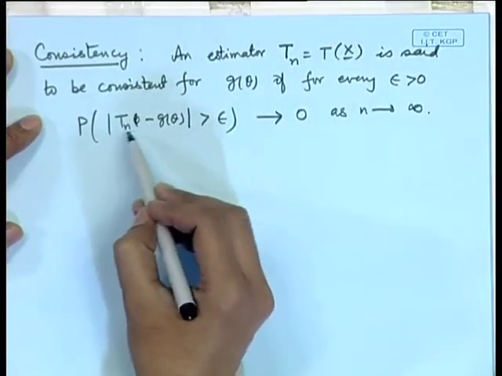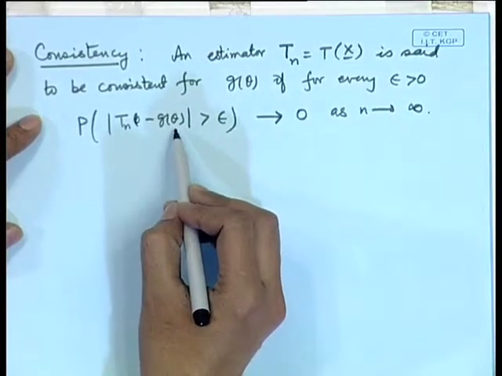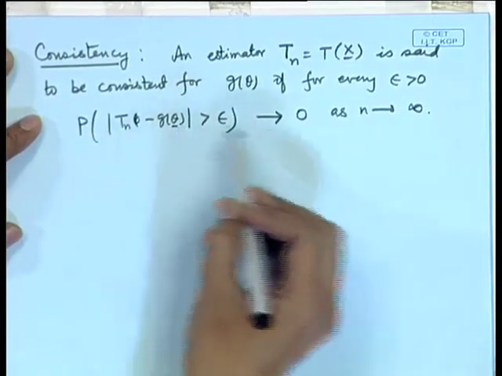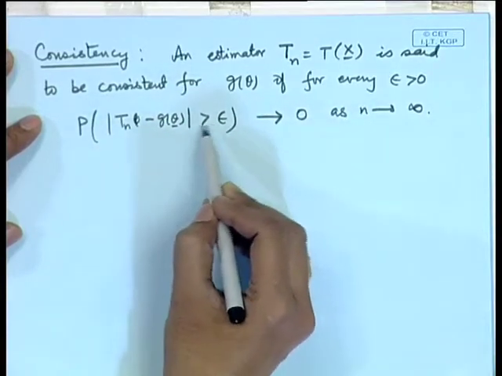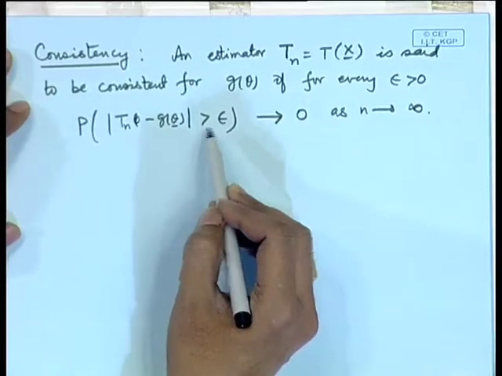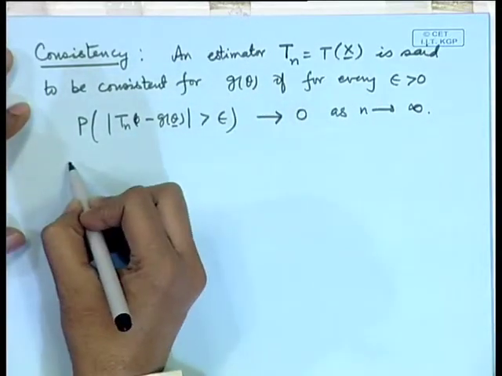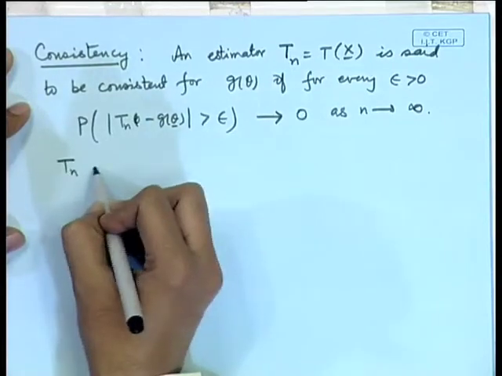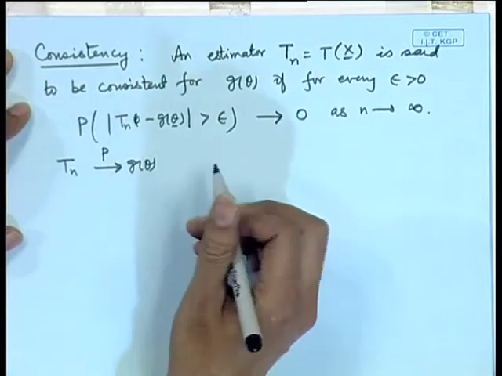So, this means that the distance between T_n and g(theta) becomes close as n becomes large. That means the probability that the distance is larger than a prescribed quantity must go to 0 as n tends to infinity. In convergence concept, this is called T_n converges to g(theta) in probability.